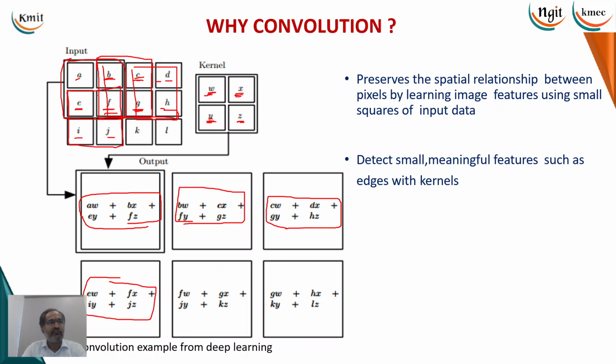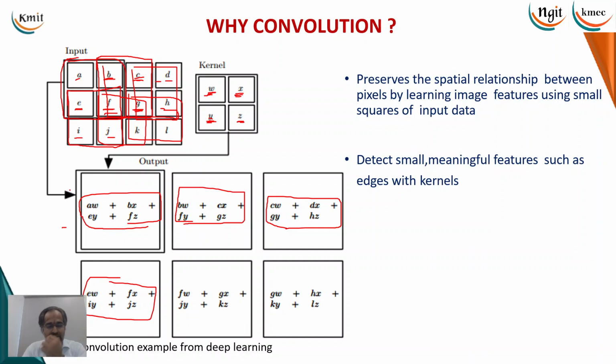Similarly, we move along and get one more result, and then another. In this case, our input is 3 by 4 and the kernel size is 2 by 2, and the feature map, the output we get after applying the kernel over the image, is called the feature map. The feature map size here is 2 by 3. It is reduced.